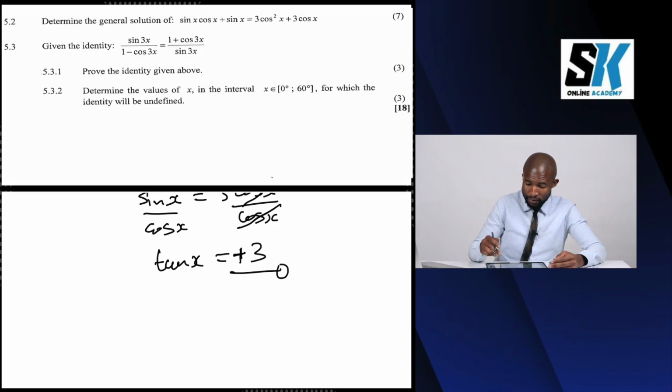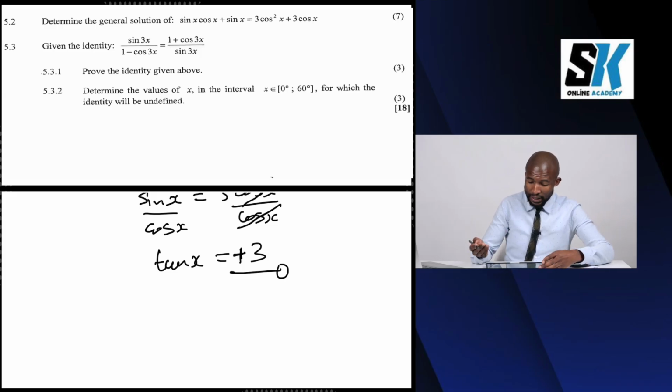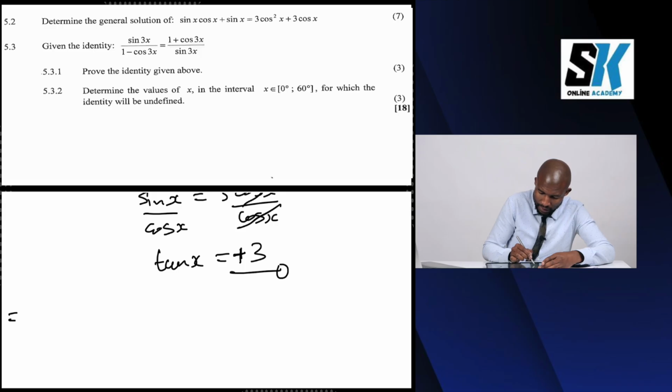And now the value of 3 is said to be positive. Now we're going to get back to that. But now we're going to look at where tan is positive. So we're going to say theta being equal to, we know that tan is positive in your first quadrant. So our first quadrant goes as follows. It's going to be your reference angle plus k 360.